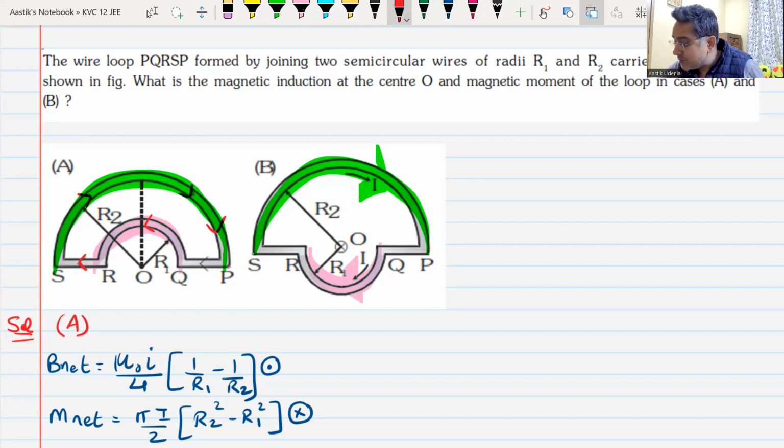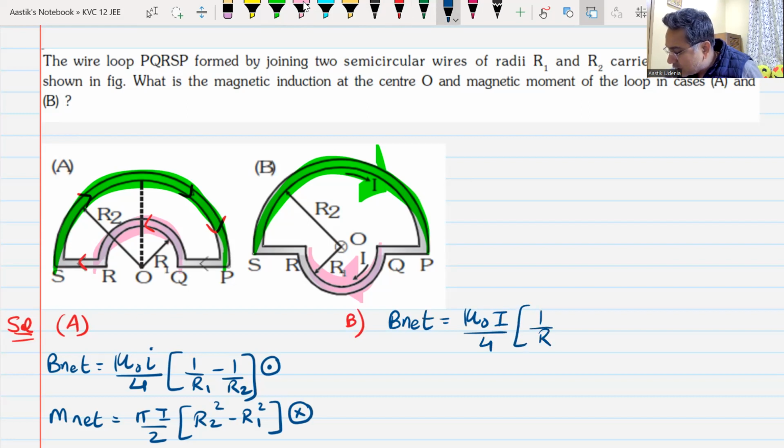So for case B, we have the net magnetic field as mu naught I by 4 into (1 by R1 plus 1 by R2). Everything is going inside.